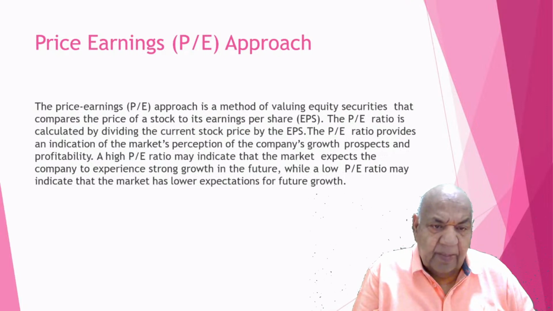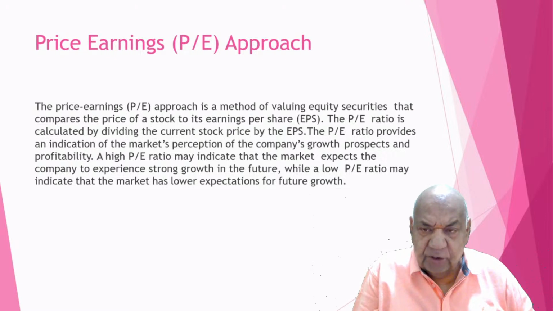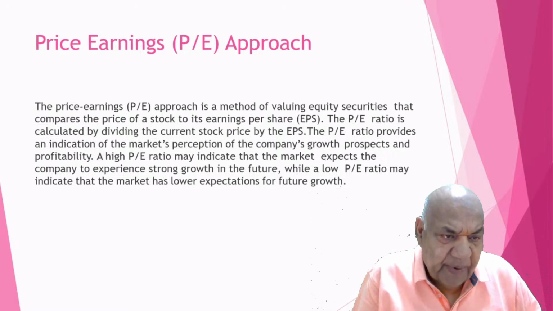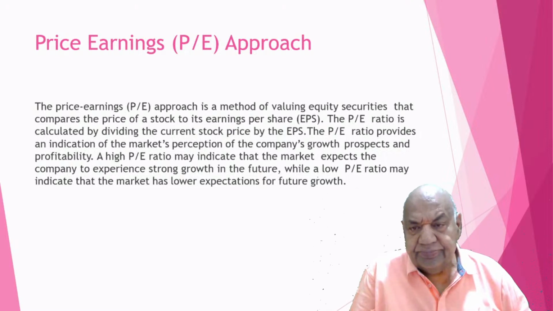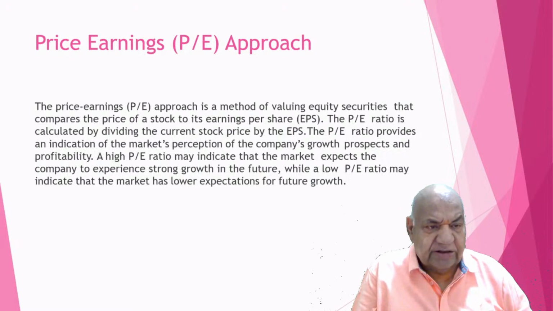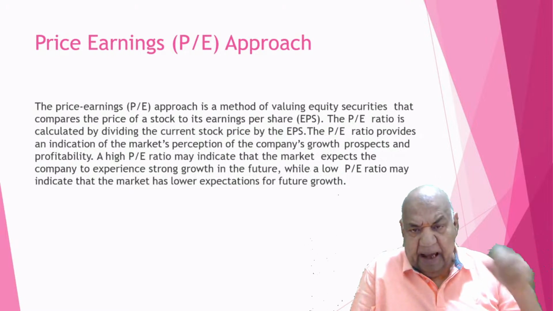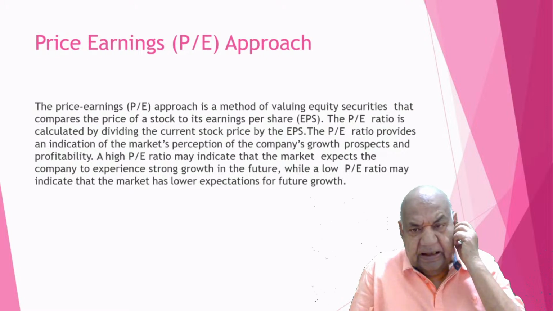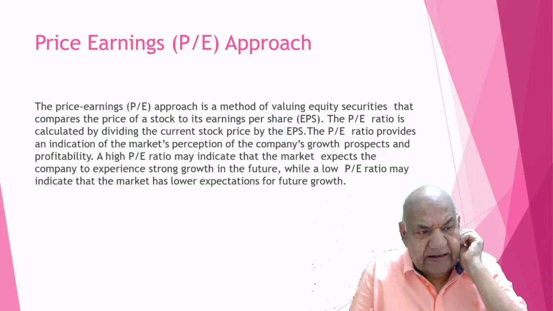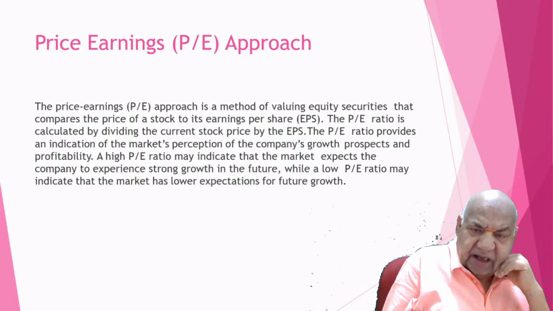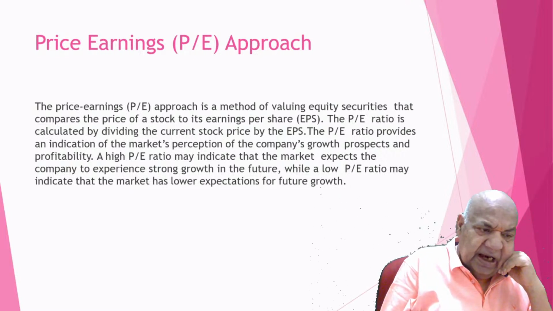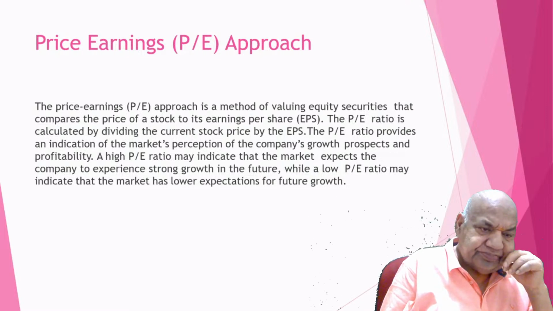The price earning approach is a method of valuing equity securities that compares the price of a stock to its earning per share. The PE ratio is calculated by dividing the current stock price by the EPS. The PE ratio provides an indication of the market's perception of the company's growth prospects and profitability.